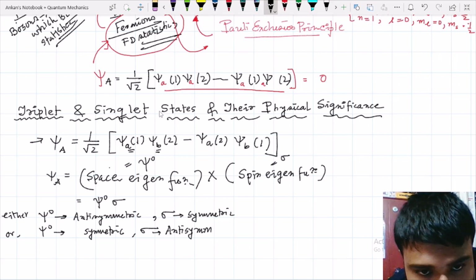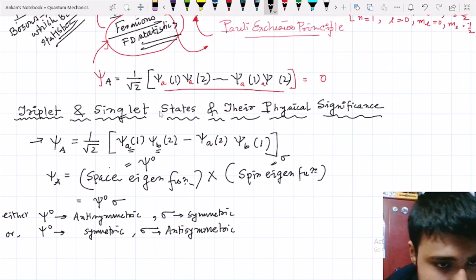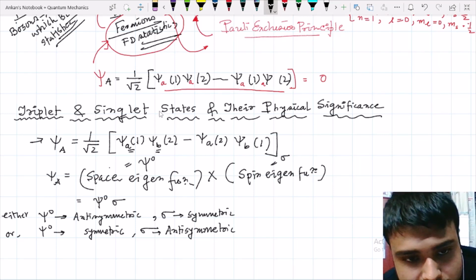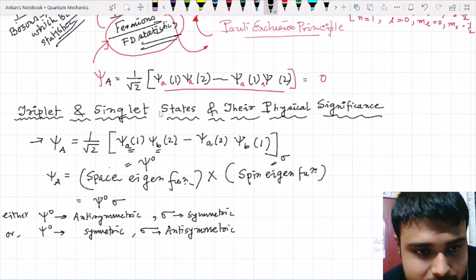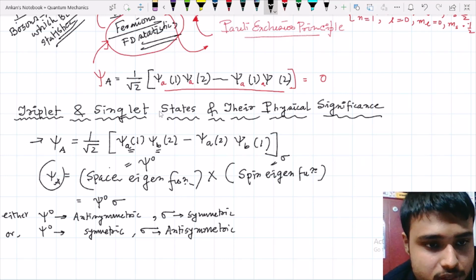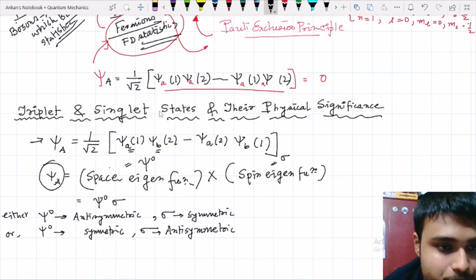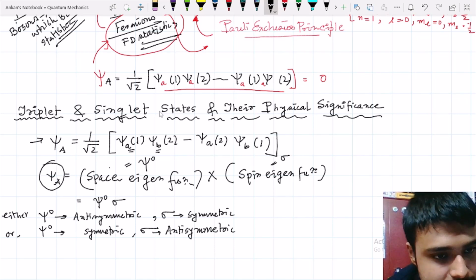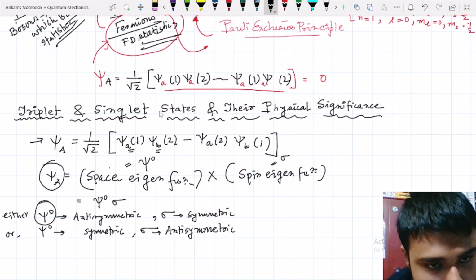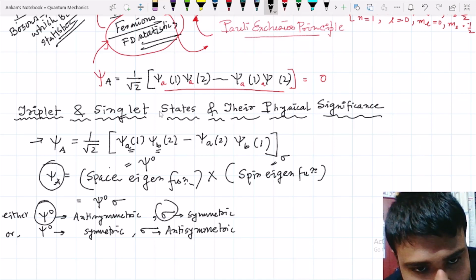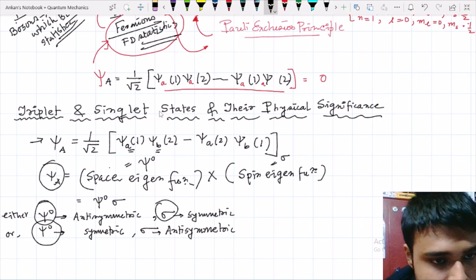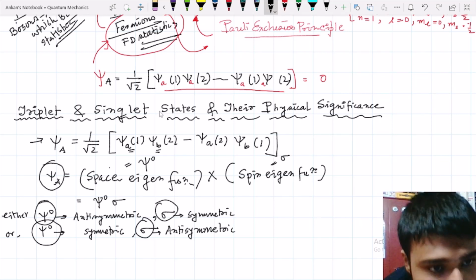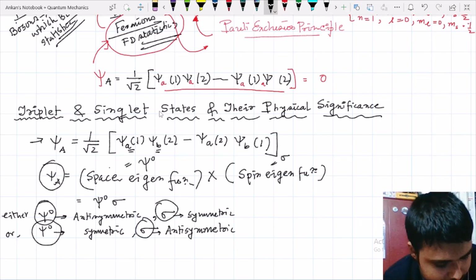Why? Because if the two wave functions are both symmetric or both antisymmetric, then the total wave function will not be antisymmetric. If the total wave function has to be antisymmetric, then if psi 0 is antisymmetric, sigma will be symmetric, or if psi 0 is symmetric, sigma will be antisymmetric.